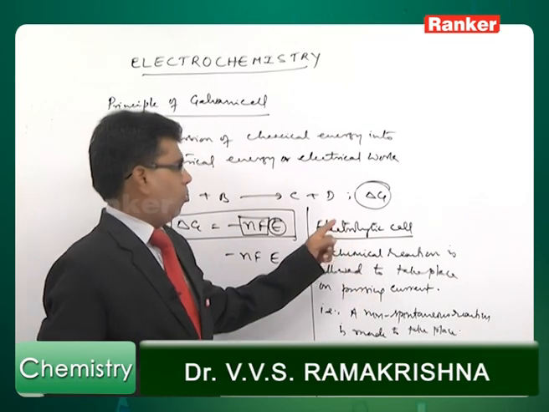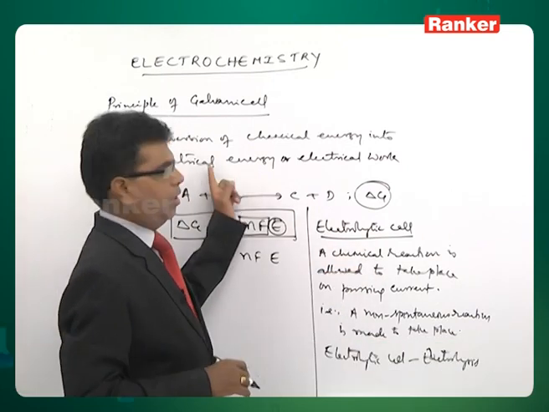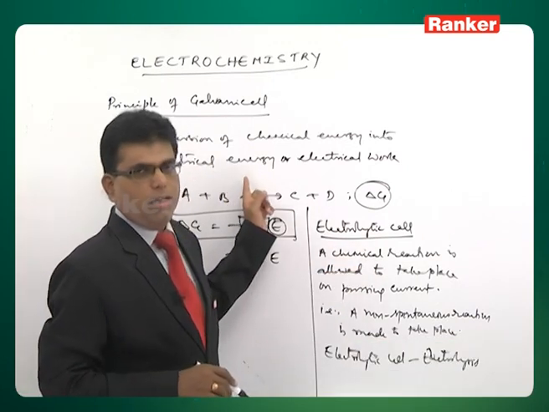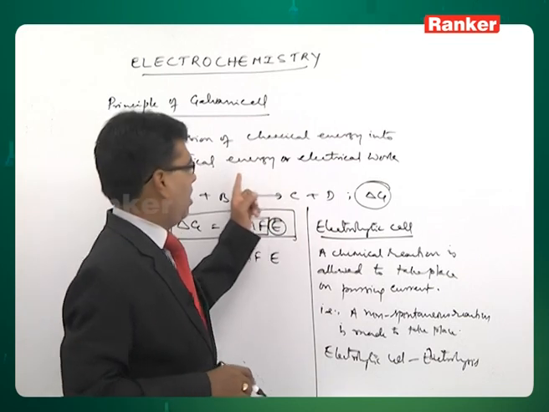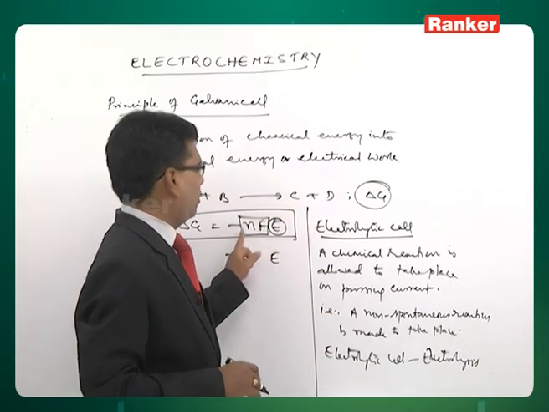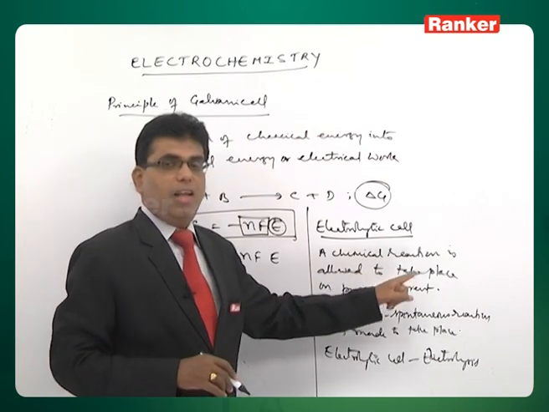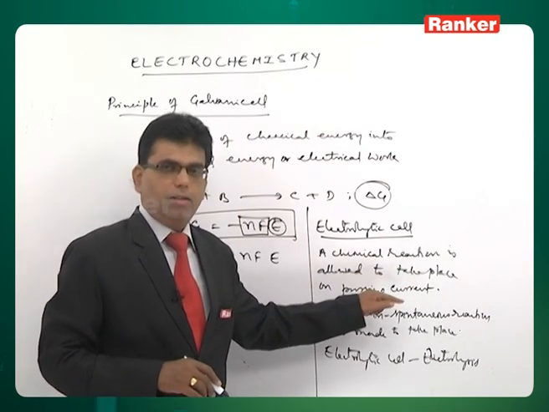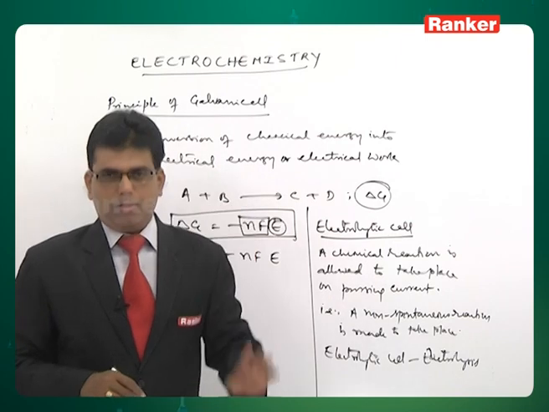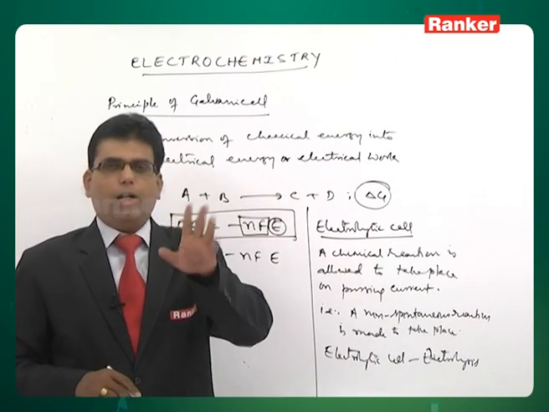The principle involved in the electrolytic cell is exactly opposite to the principle involved in the galvanic cell. In the galvanic cell, chemical energy is converted into electrical work. In the electrolytic cell, electrical work is used to make a reaction take place. So, both are exactly opposite.